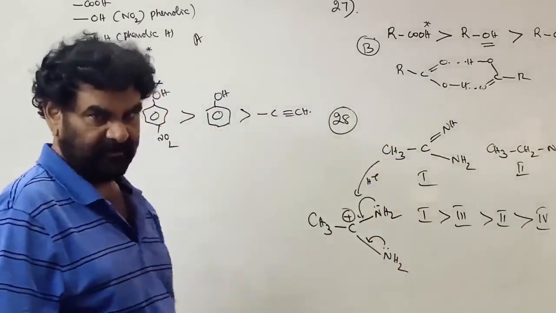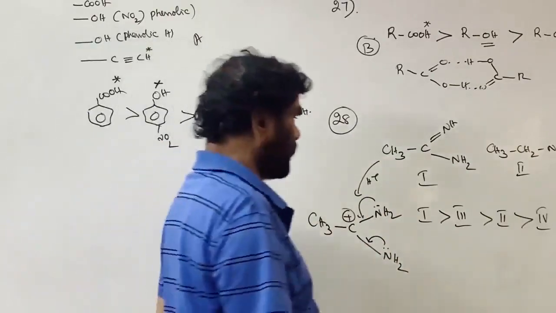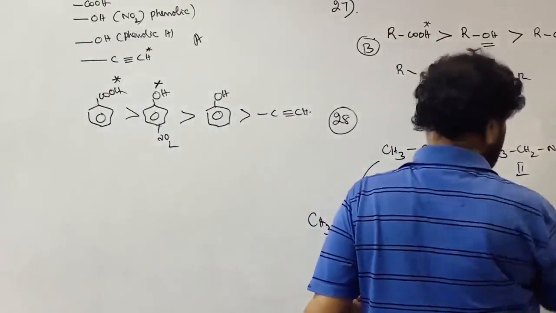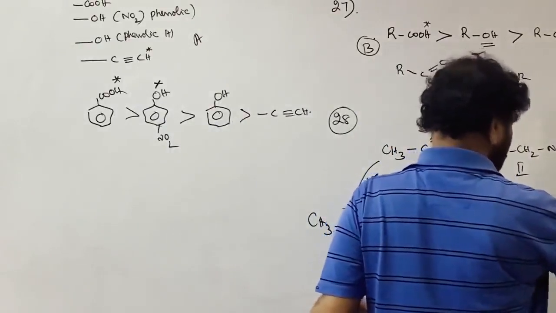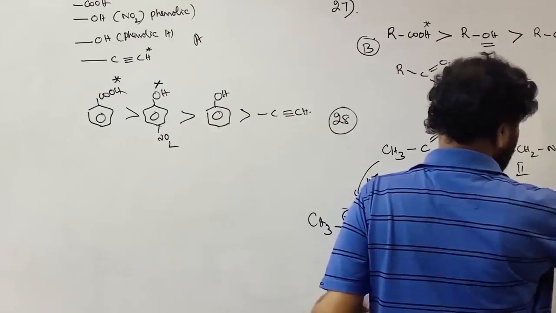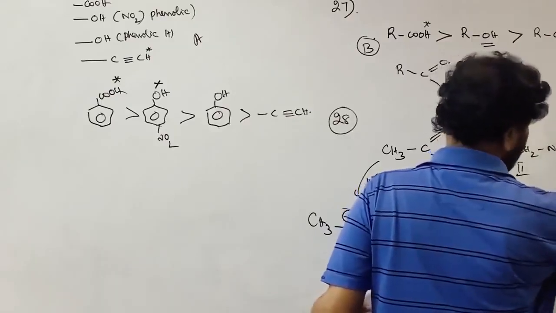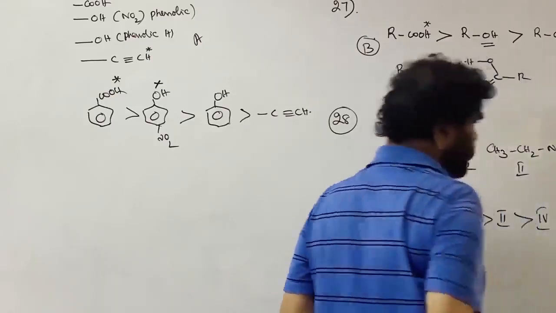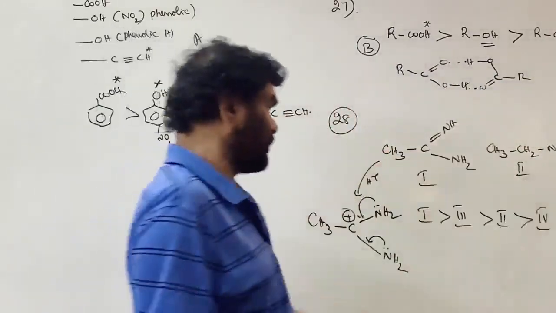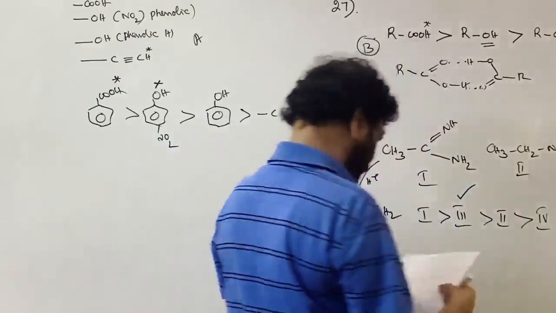Next comes the secondary amine, whose conjugate acid is stabilized: when it takes the H plus ion, the plus I effect of these groups reduces the positive charge on the nitrogen, so it is more stable compared to this one. So this is the order.